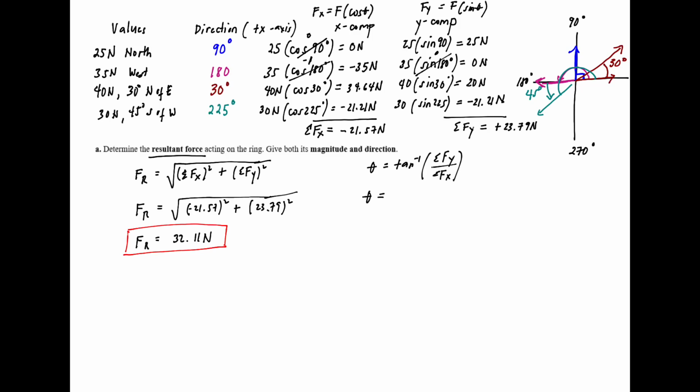We're going to have the arctan of positive 23.79 all over the value, which is negative 21.57 Newton. And so our angle, if you press that in your calculator, will give 47.80 degrees. So this is the reference angle.